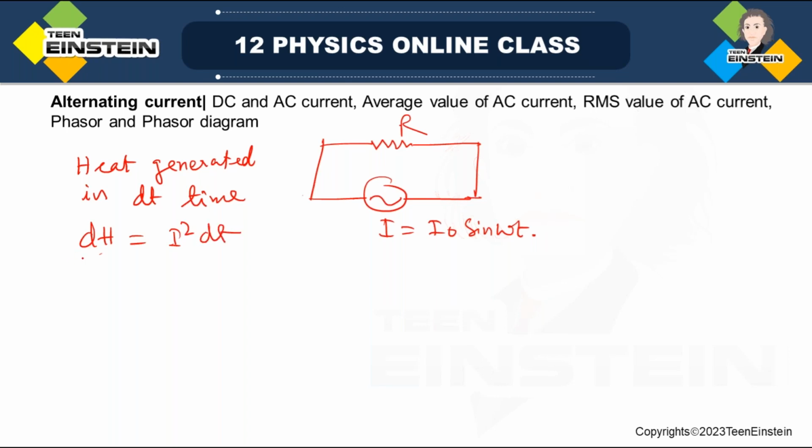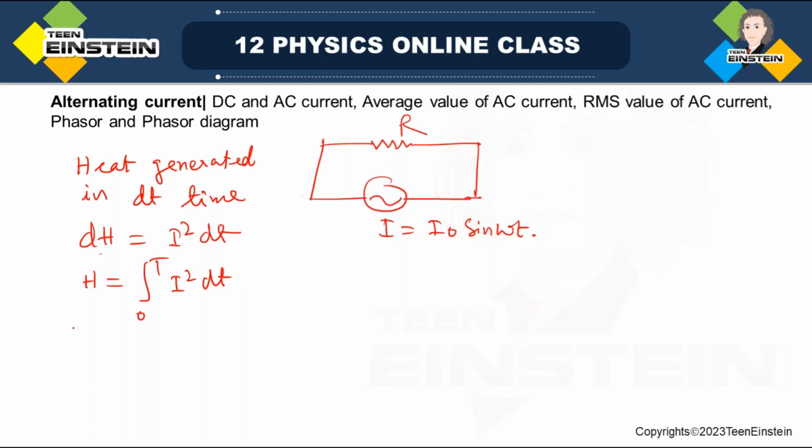Now if you want the total heat generated in a full cycle, we write integration from 0 to T of I square dt. We can find that out, but let us find the relation.